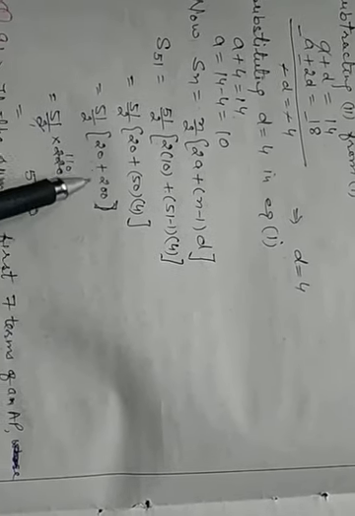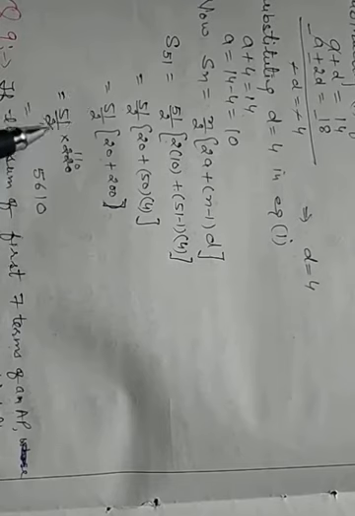Now add these two, 220. Cancel 2 ones are 2, 11s are 22, 0 as it is. Multiply this, 5610. So the sum of first 51 terms is equal to 5610.